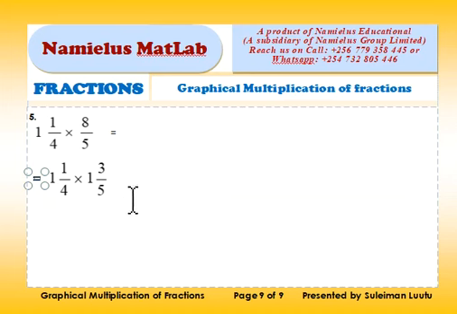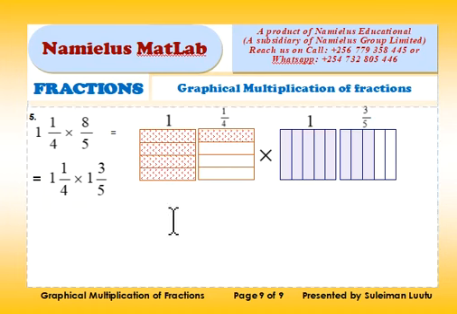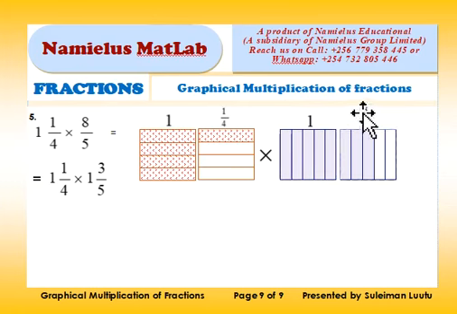So let's start. This is what we have. We have one whole number and then a quarter for the first fraction. And then the second fraction, which is 1 3/5, is one whole number here graphically, and then 3 out of 5, which is this.